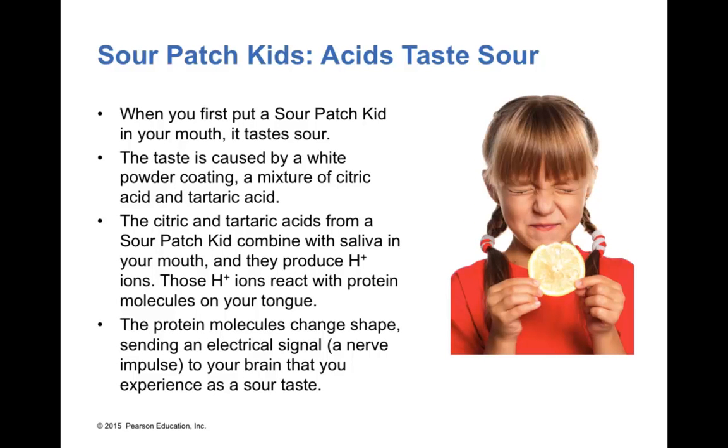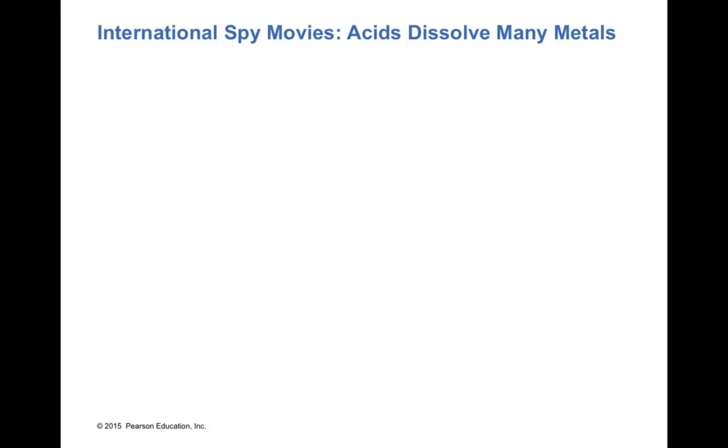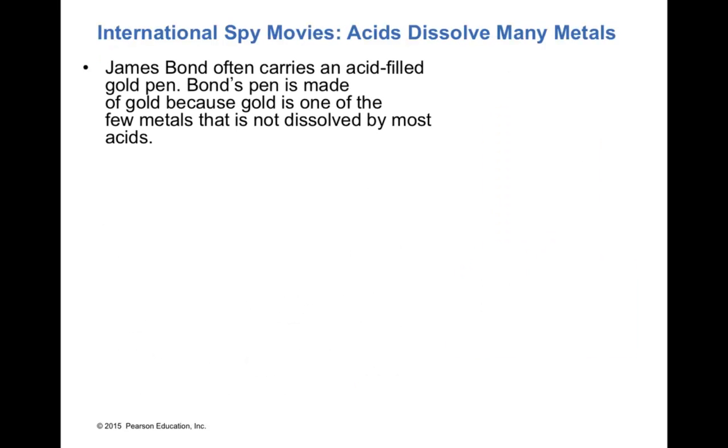The protein molecules change shape, sending an electrical signal, a nerve impulse, to your brain that you experience as a sour taste. Now, James Bond often carries an acid-filled gold pen. Bond's pen is made of gold because gold is one of the few metals that is not dissolved by most acids.